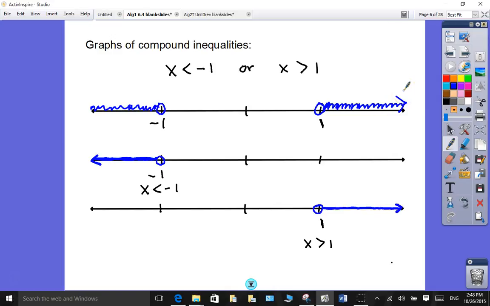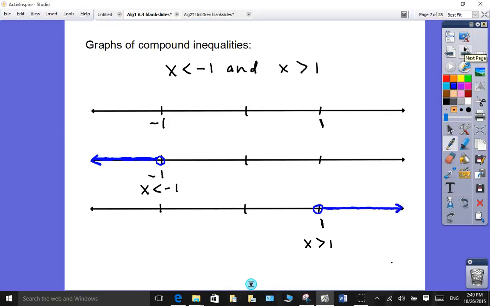So the compound inequality is both shaded areas all together. And the way you say that is, again, with the compound inequality, x is less than negative 1, connected by the word or to x is greater than 1.